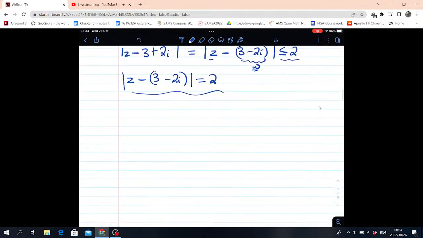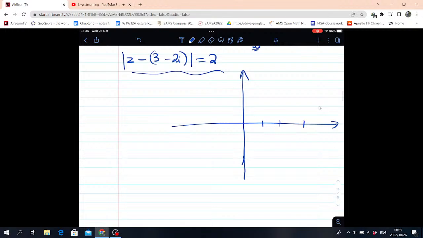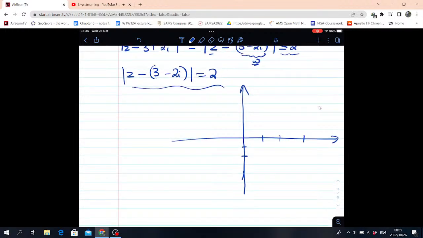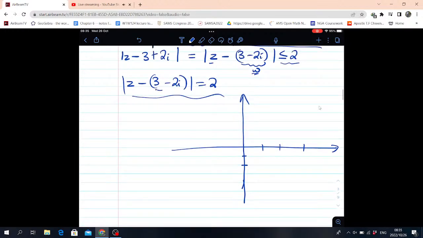So if you've got your complex plane there, and you've got 1, 2, 3 there, and then minus 1, minus 2, we want to find what this point is, and the point is going to be 3 minus 2i. So if I say 1, 2, 3, then 1, 2, it will be somewhere there.